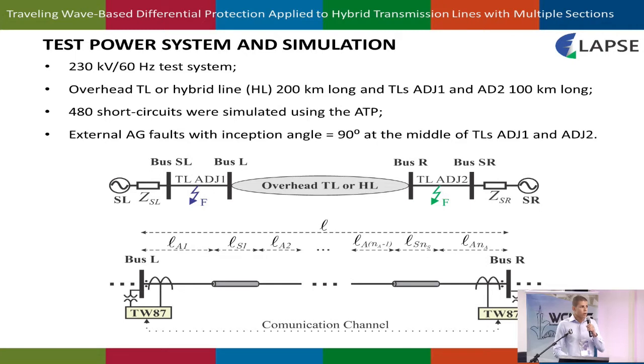In total, 408 short circuits were simulated using the Alternative Transients Program, only external faults with inception angle equal to 90 degrees at the middle of TLs adjacent one and adjacent two.